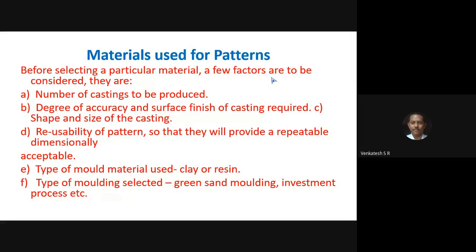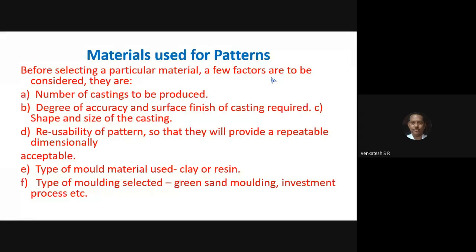The surface finish and accuracy of the dimensions on the casting are very, very important. If you provide allowances while carrying out the casting process and produce a very accurate casting, from that you have overall economy.